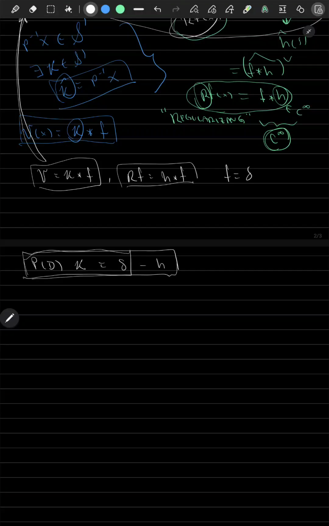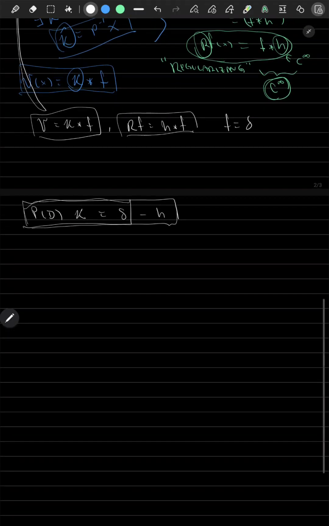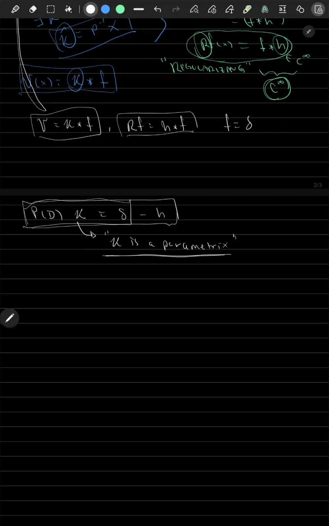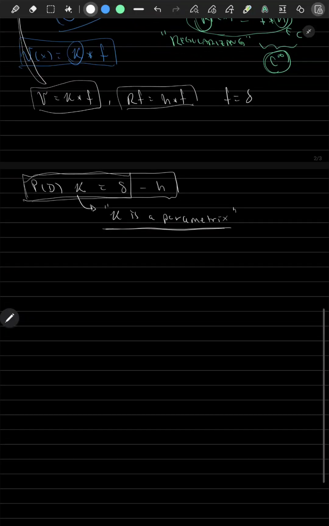Of course, that doesn't solve our problem, but if we arrive at an identity like this, by definition, we call K a parametrix of P. And parametrices are important because they help us determine the regularity of a solution. They might not give a solution, but they determine the regularity of a solution.